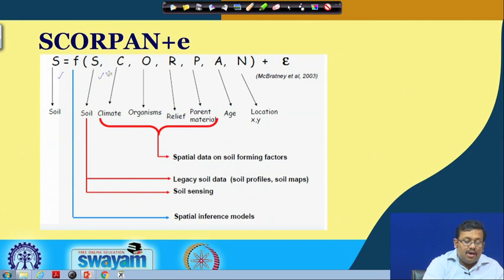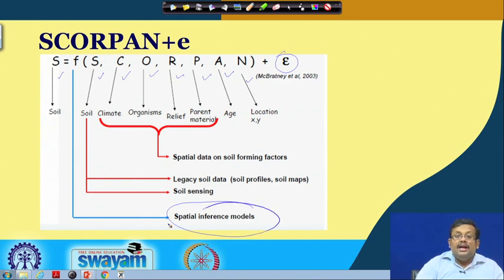S stands for soil, C stands for climate, O stands for organisms, R stands for relief, P stands for parent material, A stands for age, and N basically denotes location in x and y coordinates. Obviously, e is the residual or error which you cannot model, and this function is basically the spatial inference model, and we will discuss this spatial inference model.